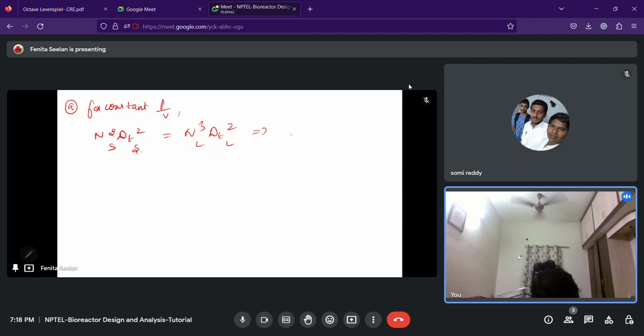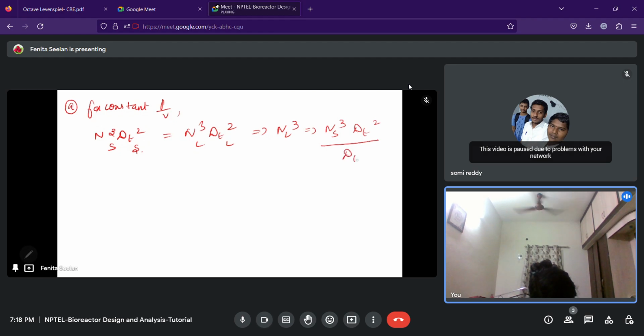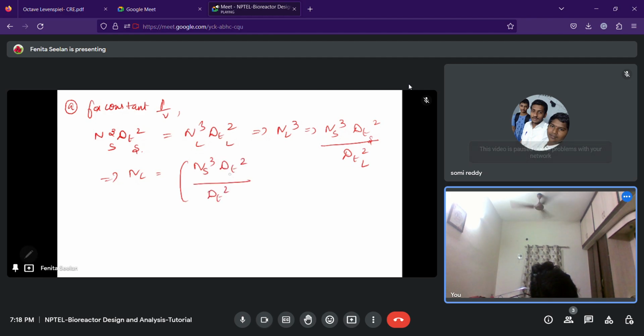So in case of the larger bioreactor, NL cube is equal to NS cube dt square divided by dt square of your larger bioreactor.